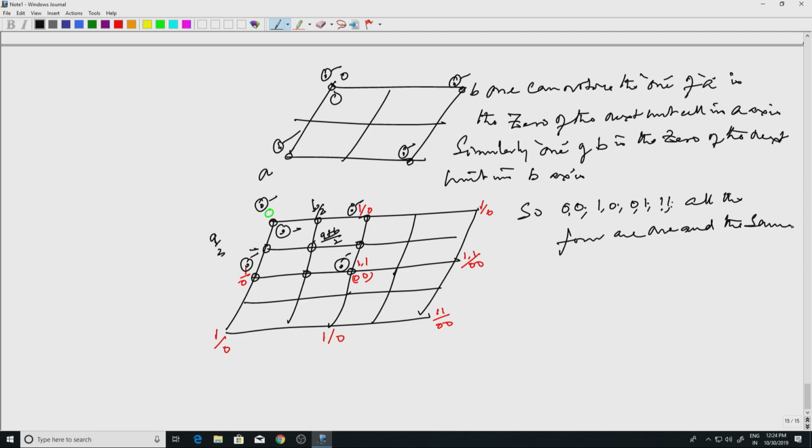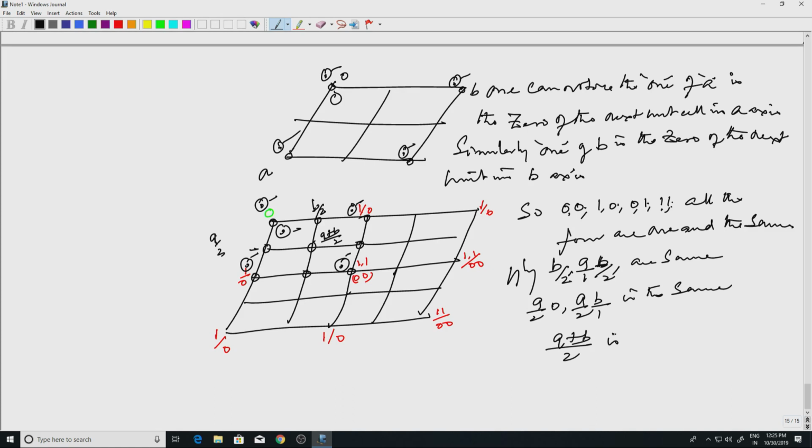Similarly, b by 2 and a by 1, b by 2 are same, or a by 2, 0, a by 2, b by 1 is the same, a plus b by 2 is different.